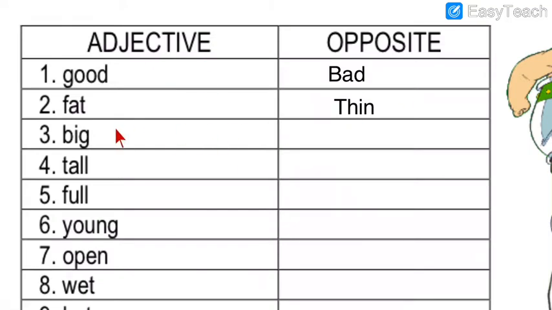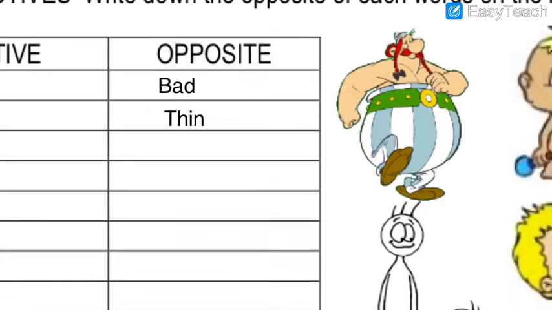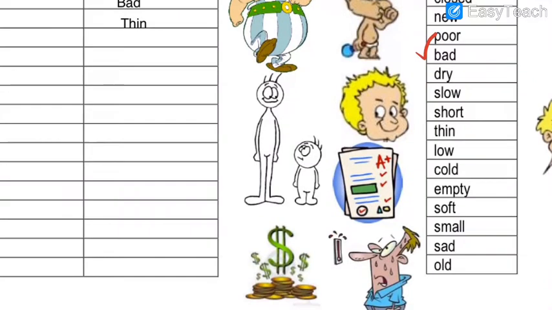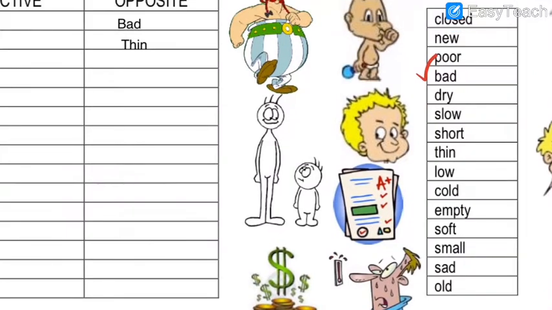Now next one, try to solve it: big. Remember the word big. So what is the opposite word for big in this list? Can you find it out? What is the opposite word of big? So your time starts now.